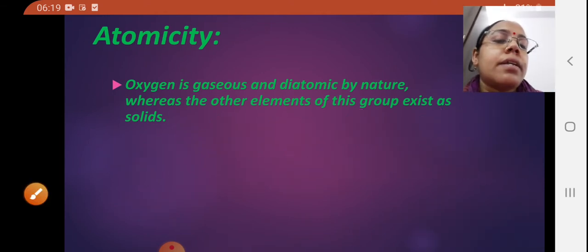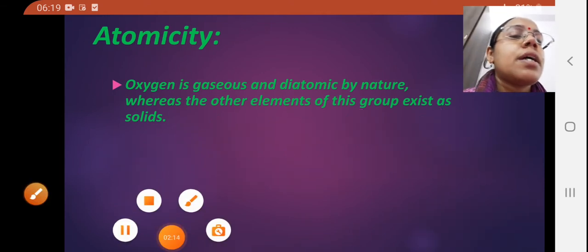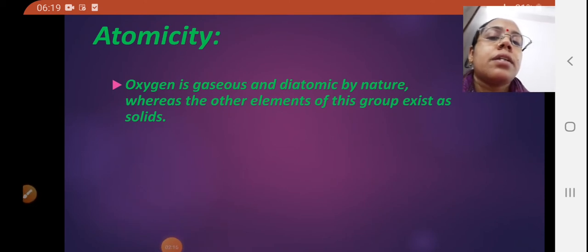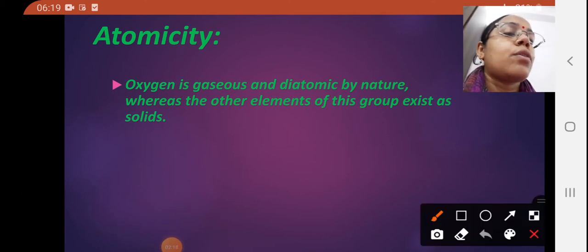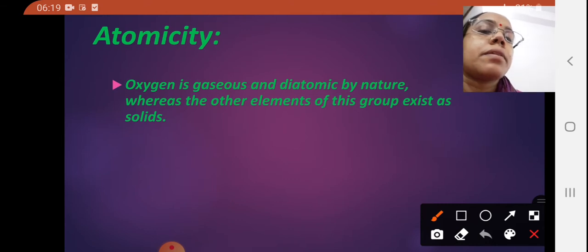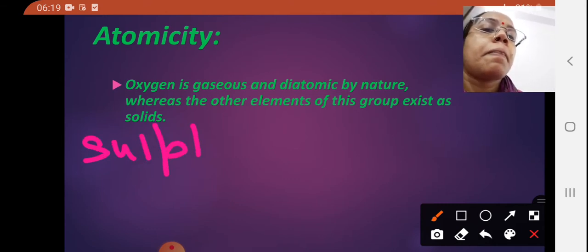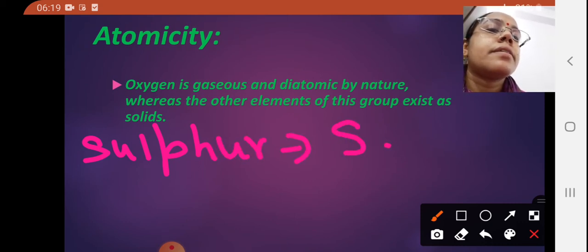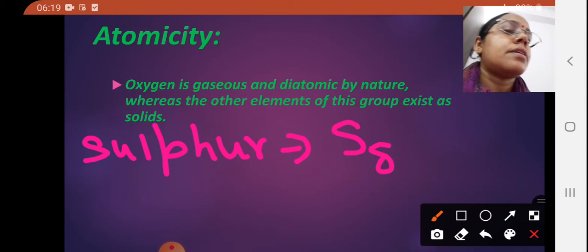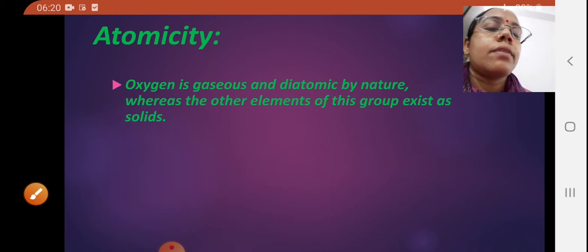Sulfur especially is found in octatomic state, that is polyatomic state. Sulfur is found in which state? Sulfur S8 state. Okay, and what is the bonding? Let us see the bonding of sulfur.